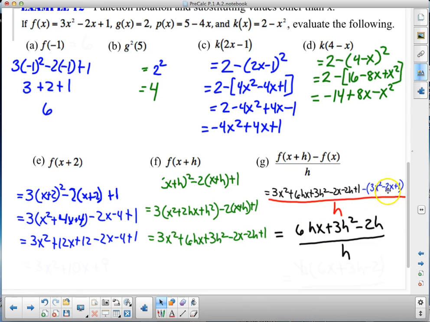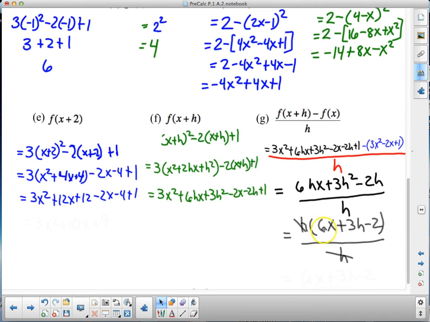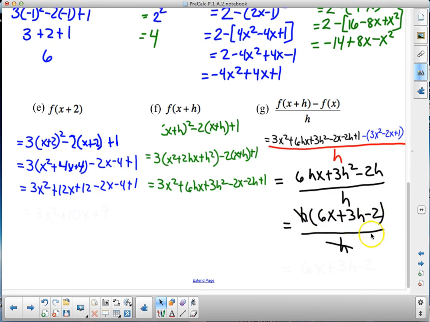I got negative 2x here, so that's plus 2x, so that's going to be gone. And I've got this minus 1, that'll be gone too, so that I end up with 6hx plus 3h squared minus 2h all over h. Well, I can factor an h out, so I'm going to. So now I've got 6x plus 3h minus 2 on top, and that's my final solution.